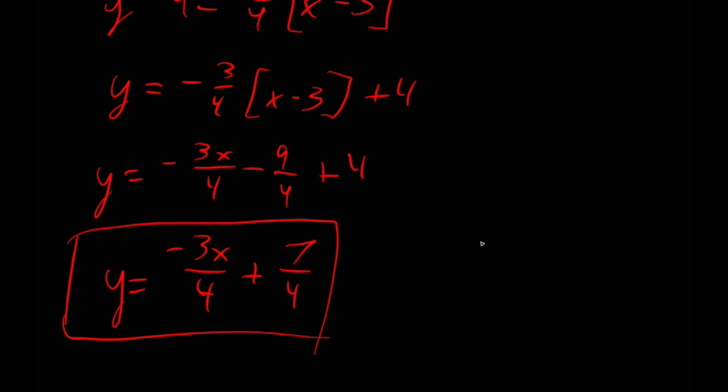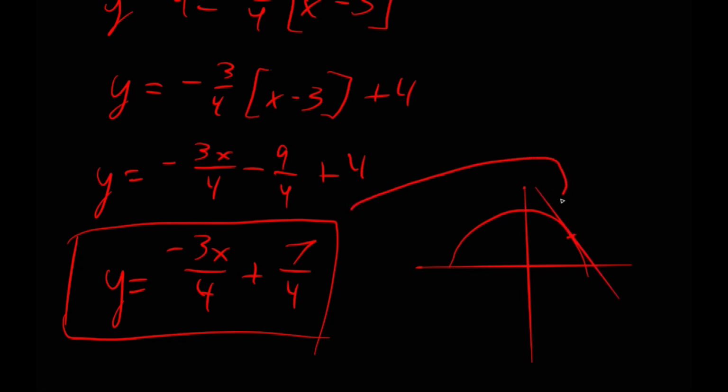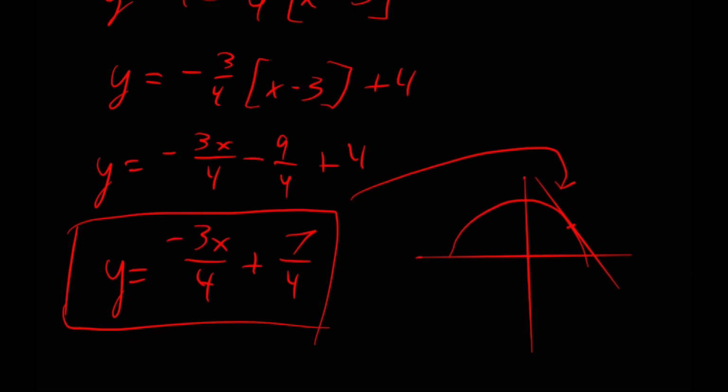So if we were to draw that semicircle at the point 3, 4, so let's say that was somewhere about here, and we draw that tangent line right here, that is the equation for it. And now there's only one more thing.